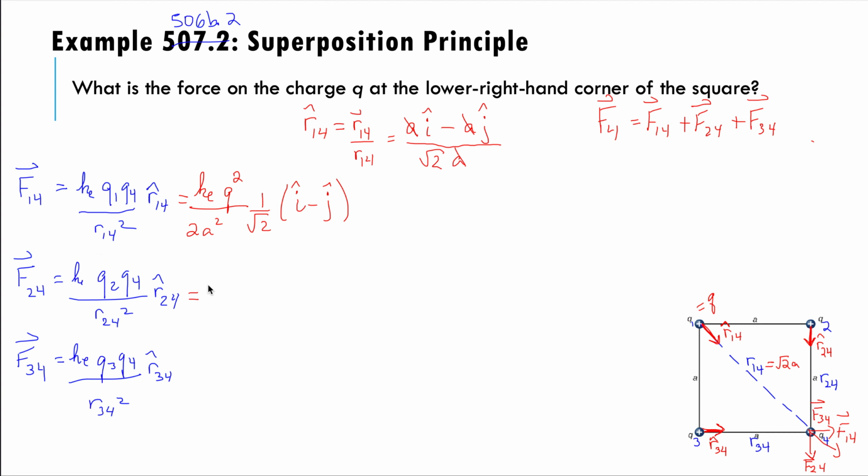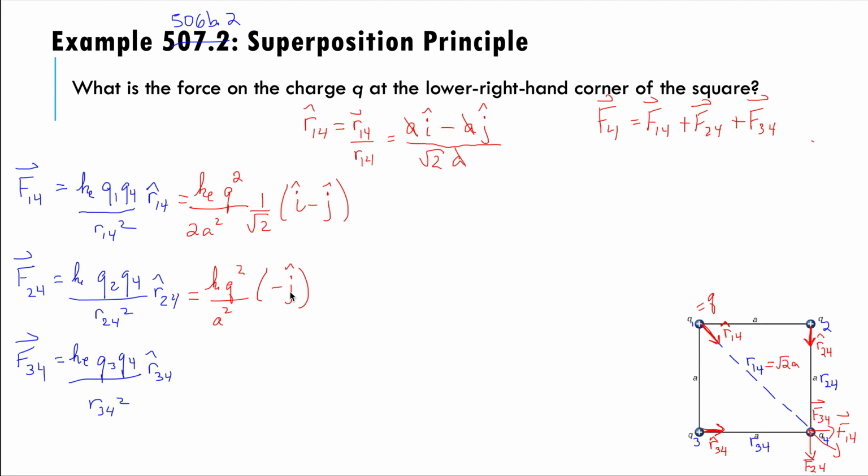For F24, we can write k q squared, and then the distance r24, the distance between charge 2 and charge 4, and we can see that it's just the length of the square, which is a. So we're going to square that distance. And then what is r hat for the 24 here? Well, r24 is going down, so that is simply negative j hat.